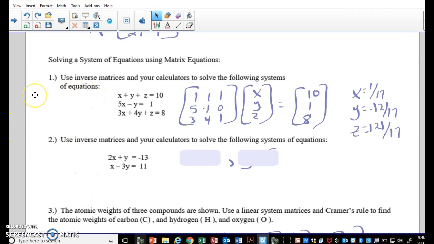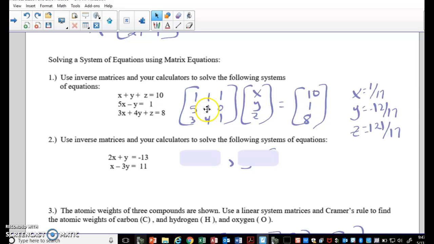So we can use inverse matrices to solve systems of equations, like what I was talking about at the beginning. What we can do here is take the coefficients of our x, y, and z and plug those in as entries in our matrix. So, for example, this first line, 1, 1, 1 times x, y, z is equal to 10.